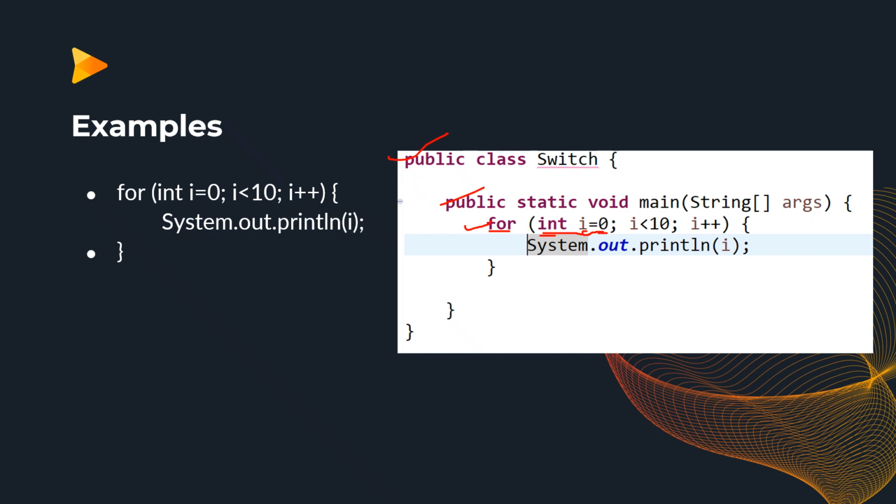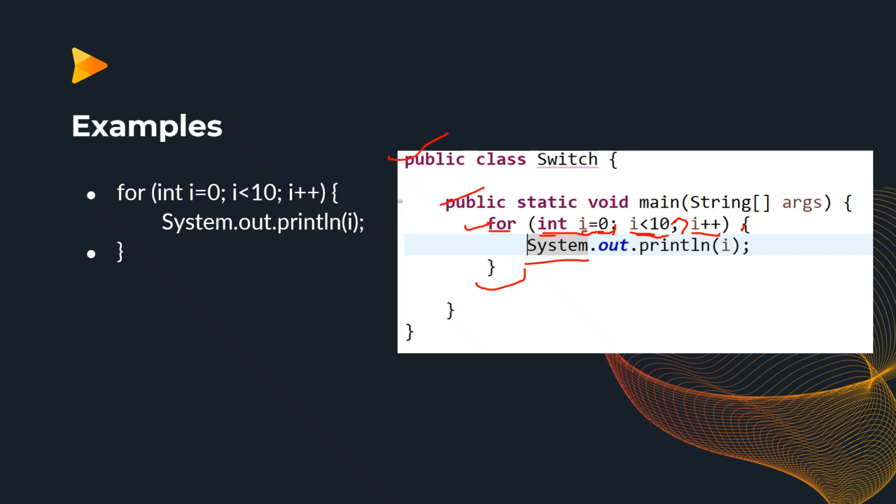We have initialized it with 0, so it will start with 0, and we have used a semicolon to separate this from the condition. After that we have given the condition i is less than 10, and after that one more semicolon. After that we have incremented the value of i, and then we have used curly braces to enter the task which we have to perform. Now we are printing the value of i from 0 to 9.